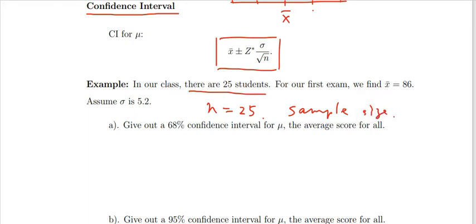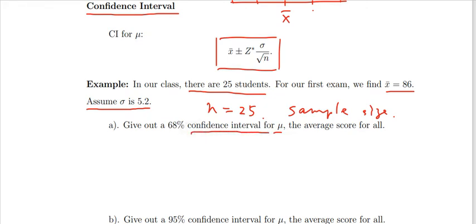From this sample, we find x bar, the sample mean, the sample's average. Here, assume we know sigma is this. Then we can estimate mu. Estimate means find the confidence interval for mu.